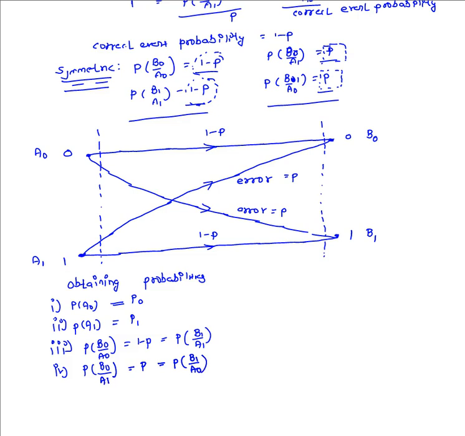Due to symmetry, both these error probabilities are the same. So let me put a bracket and indicate that these are the error probabilities, and these are the correct probabilities. Now let's go to the next page, and we'll continue there.